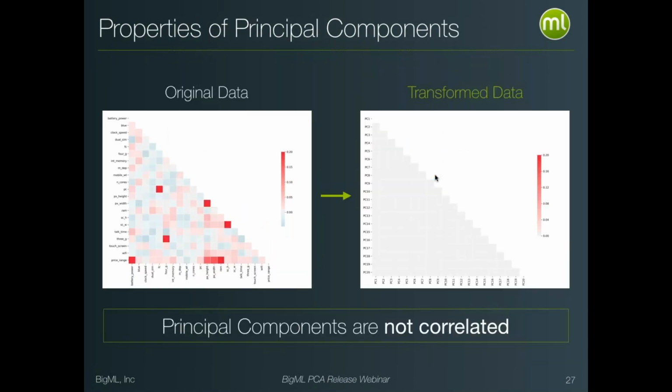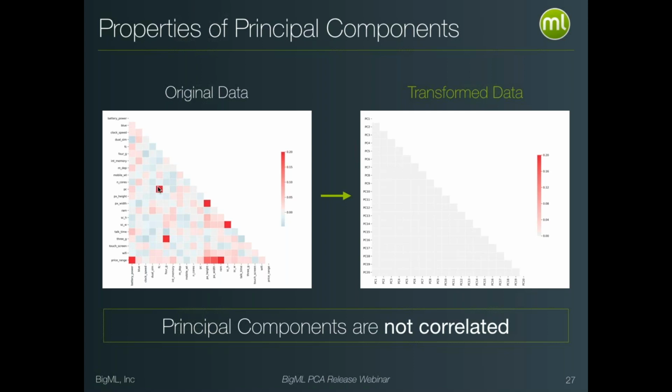So that's the next point I want to talk about here. This is a different data set, but one of the most important properties of principal components is that the principal components are not correlated, whereas your original data set may be correlated. In this case, we have 15 or so different variables, and the intensity of the color in this plot indicates how correlated they are. This is a correlation matrix showing how strong the correlations are.